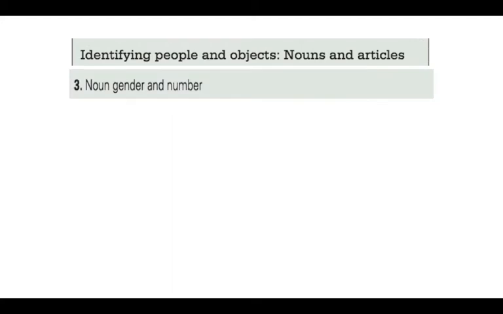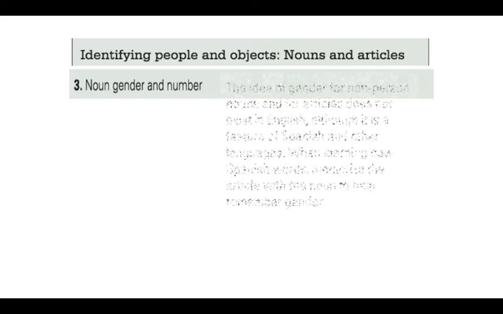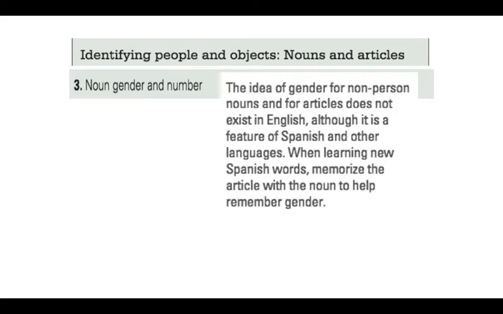So identifying people and objects, noun, gender, and number. The idea of gender for non-person nouns, and for articles, they also have to have gender, does not exist in English, although it is a feature of Spanish and other languages. So when learning new Spanish words, you actually memorize the article with the noun to help remember the gender.